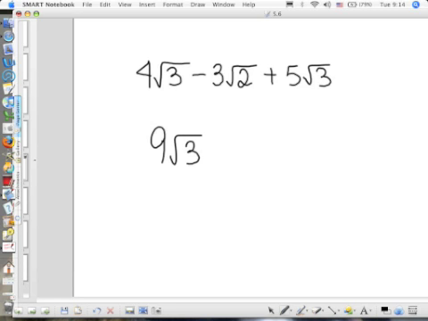Well, what do you do with that extra one? Well, it still needs to be subtracted, but we're not actually going to subtract it because we can't, as it is. And you're not going to plug that into a calculator and figure out the decimal answer because that's all you can do at this point. And I don't want a decimal answer, okay? From here, you stop. They're not the same, different radicals.